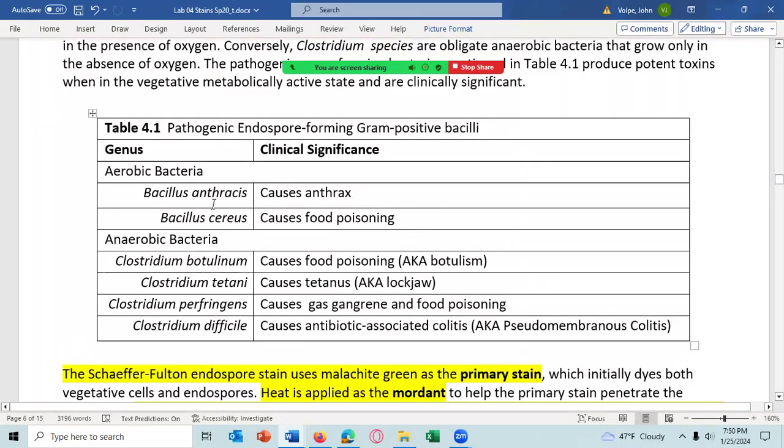So if somebody got a Bacillus anthracis infection, we would call the disease anthrax. Somebody gets a Bacillus cereus bacteria in them, we will call that food poisoning. Anyways, you'll need this table to answer at least one of the questions in the lab worksheet for today.